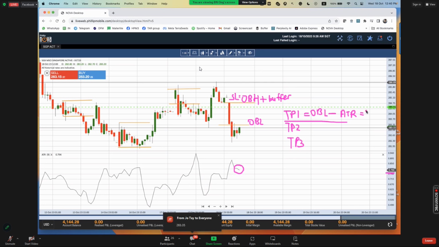Okay, 283.35. Minus 0.79. Can I just shortcut to 0.79? Easier for me. Okay, can I just shortcut to 0.8 so that it's easier for me to do the calculation?